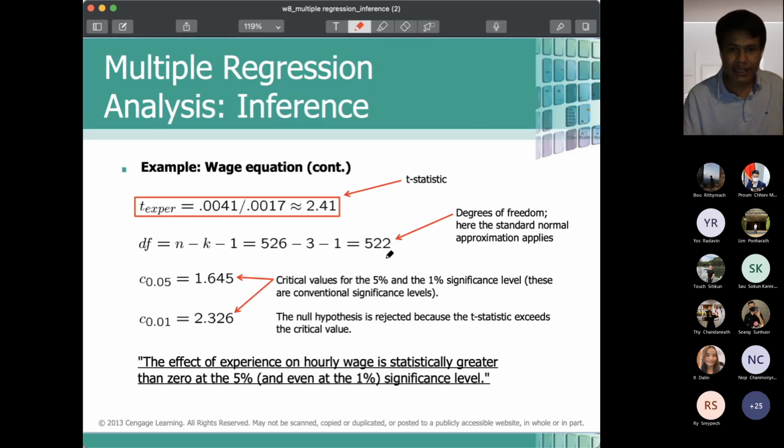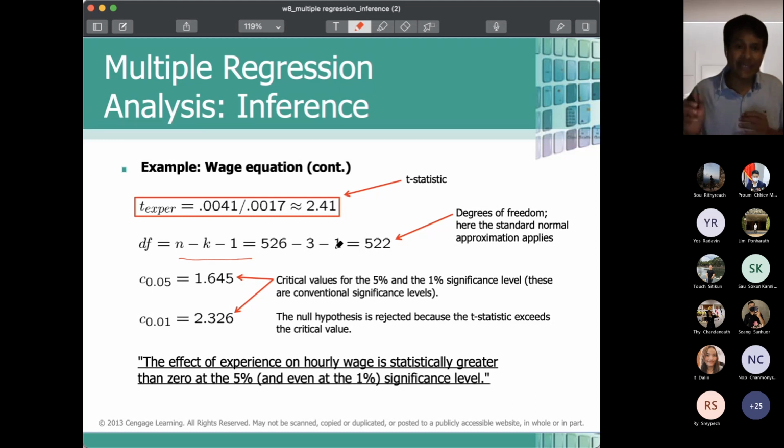So we take the coefficient divided by the standard error, and we get t of about 2.41. How about the critical value? The critical value is the point beyond which you want to reject the null hypothesis. To construct the critical value, you need to know the degrees of freedom, which is n minus k minus 1.